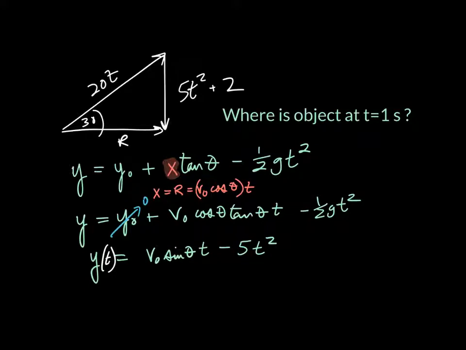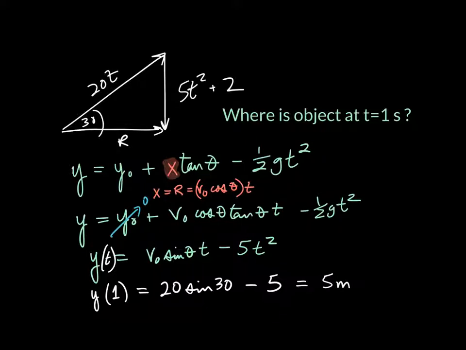And so if I want to know the y at 1 second, then I'm going to have 20 sine 30 minus 5. And that's just going to equal 5 meters.